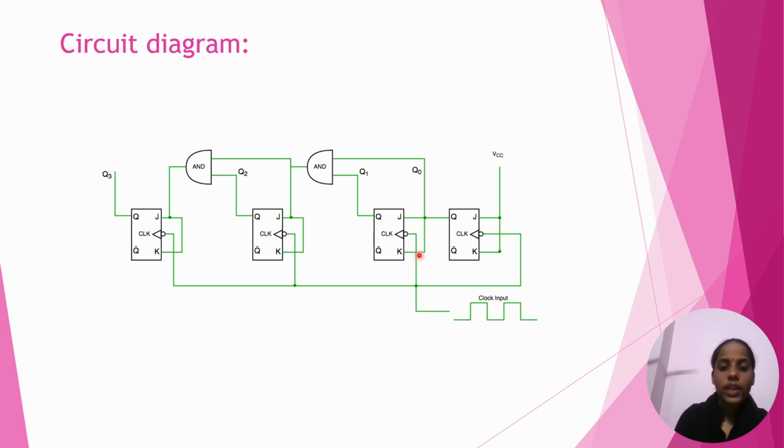Next, an AND gate is connected so that the next flip-flop's inputs are high only if the previous outputs are high.